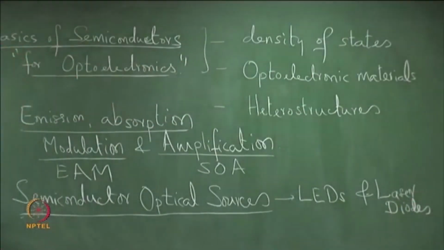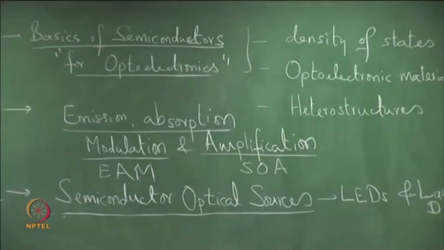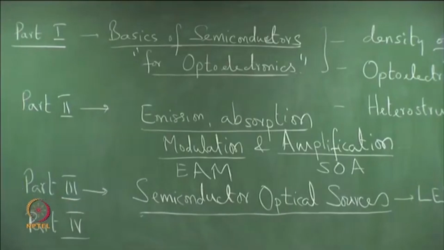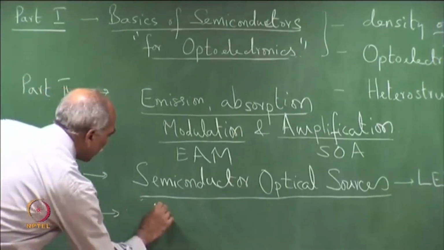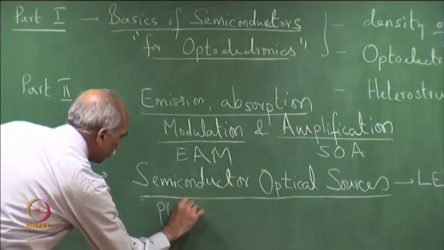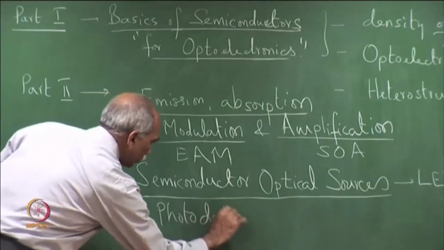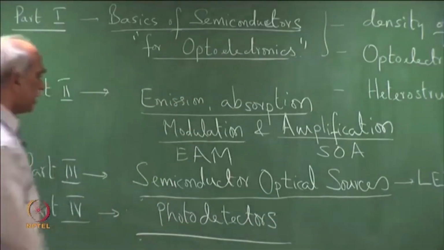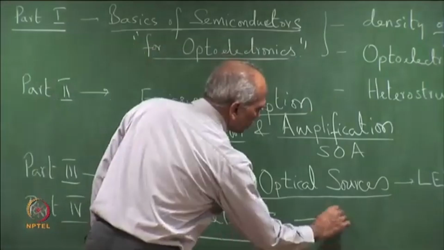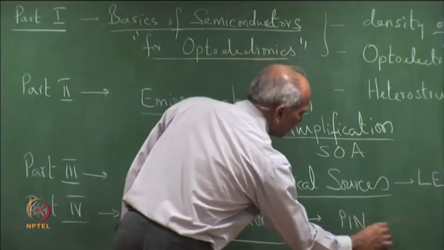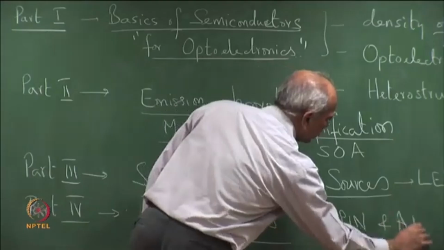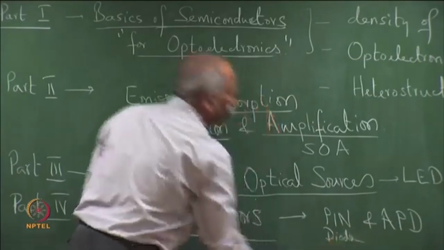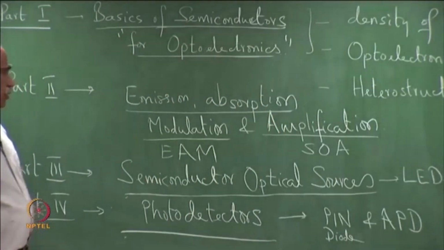And finally, in part 4, semiconductor photodetectors. Here we have discussed, of course, the PIN and APD, in particular the PIN diode, and other detectors.